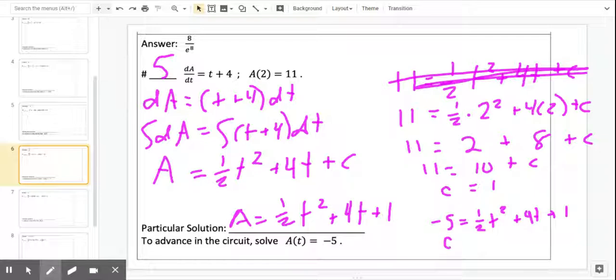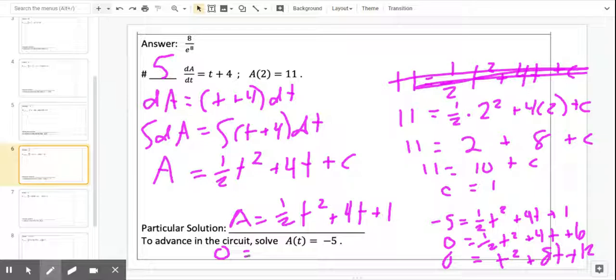Then I'm going to add 5 to both sides because we've got a quadratic, so I want it to be equal to 0. Then I'm going to multiply by 2 on both sides because I do not want a 1/2 there because I'm going to see if I can factor this. So t squared plus 8t plus 12. So then I actually can factor it.